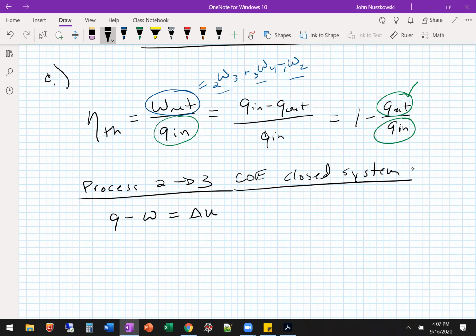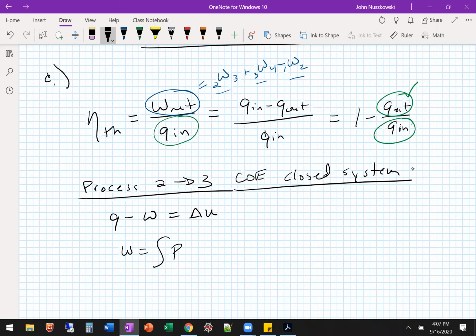Can I cancel the work? No. No, we have boundary work occurring, right? What type of boundary work do we have? Work out.